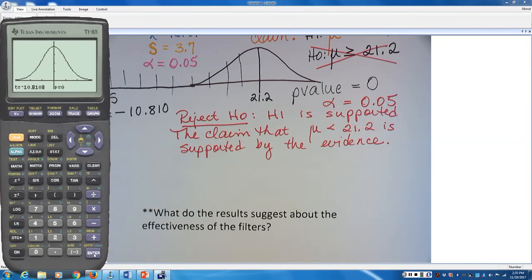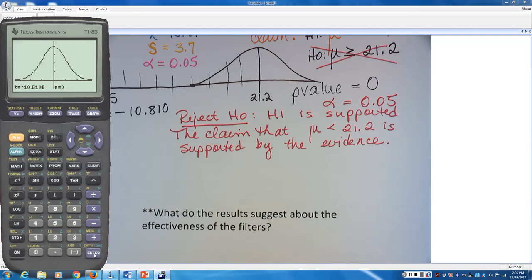The claim is supported by the evidence. The company's claiming that there's less than 21.2 grams of tar in the cigarettes, and in fact, they're telling the truth. They're very strongly telling the truth.